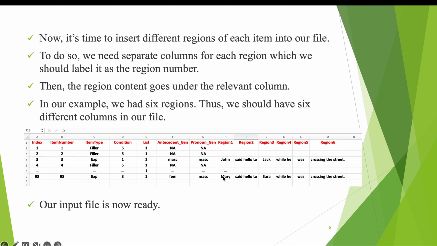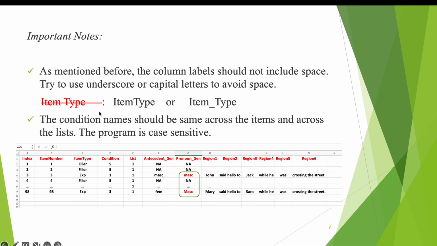All right. Our input file is now ready. This is something mandatory for all self-paced reading tasks. But there are some important points. First of all, as mentioned before, PsychoPy, or let's say Python in general, is very sensitive to spaces in names of variables.